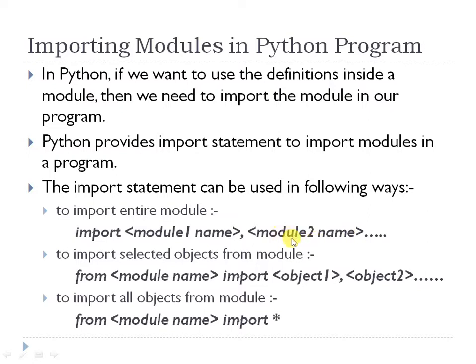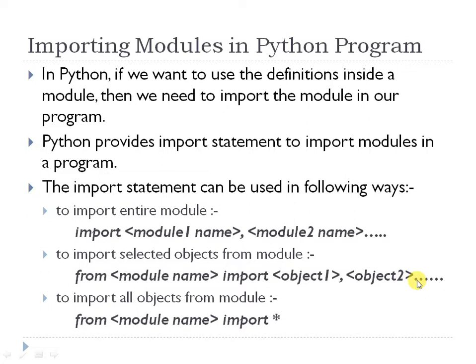This is how you import the entire module. It means all the functionalities of the module will be available in your program. But if you do not want the entire module, you just want some objects of it, then you will use this type. How will you use it? From name of the module, import the name of the objects you want in your program.